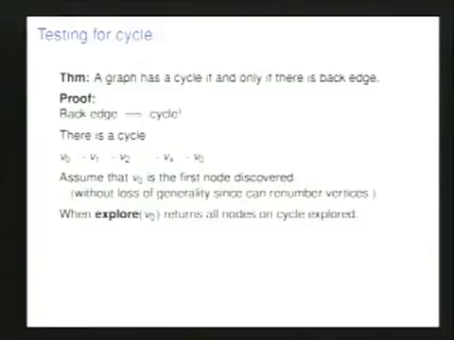Because when you call explore on a node, it reaches all the nodes. The property of DFS is that it reaches every node that is reachable from this node. So before explore V0 returns, V1 must be explored, and V2, V3, V4, V5, all the way up to VK.